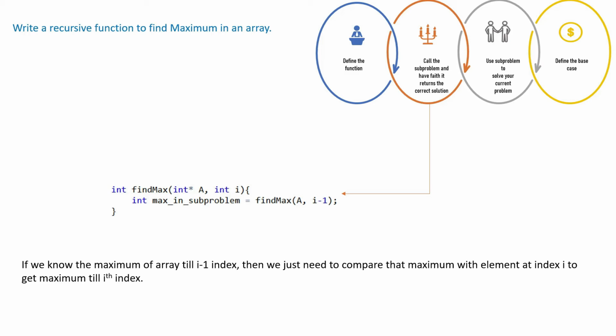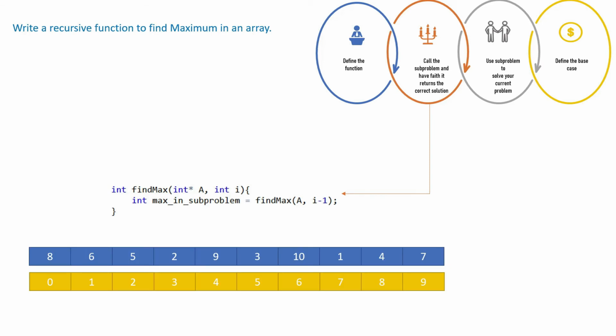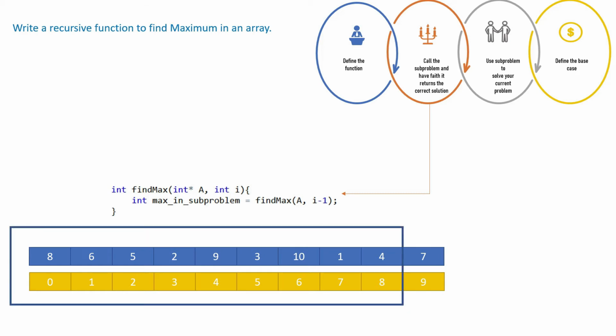Then we just need to compare that maximum with the element at index I, to get the maximum till index I. For example, in this array, to calculate the maximum till the last index, we need to know the maximum till last-1 index, and then compare it with the value of the last index. So, in the subproblem, we will call till index I-1.